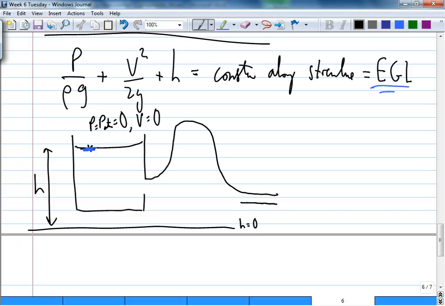Maybe it's just like that. Okay? Is that okay or not so far? Alright? So once the fluid starts, this is the streamline I plot in green.